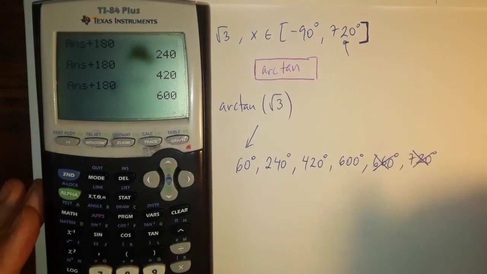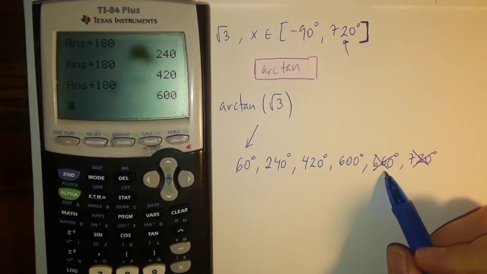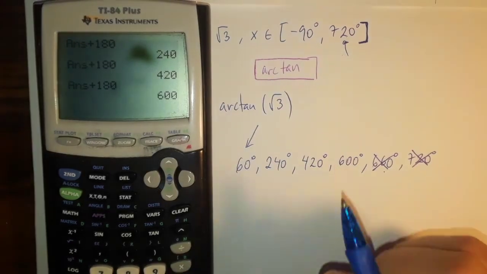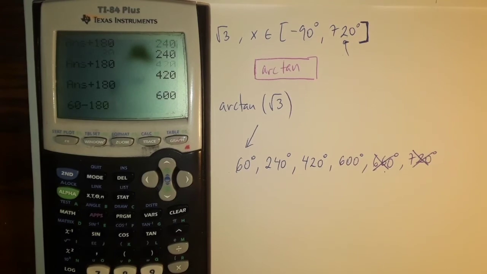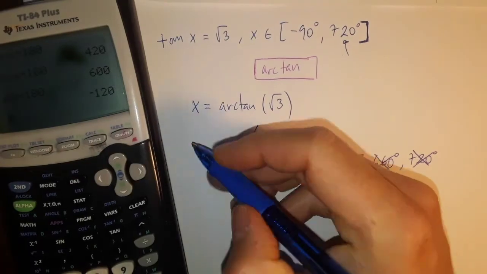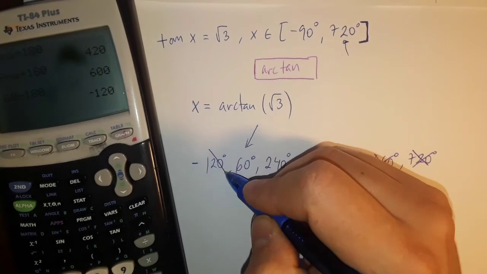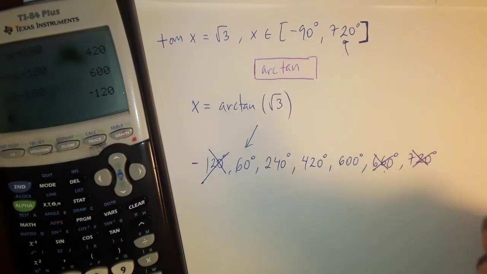These are not answers, because when we keep adding 180, it's too big: 780 is above the domain. Let's go to the other side. When we subtract 180 from 60, we get negative 120. This is below negative 90, so it's not going to be included.